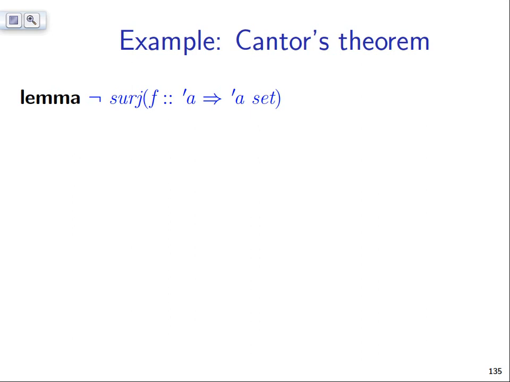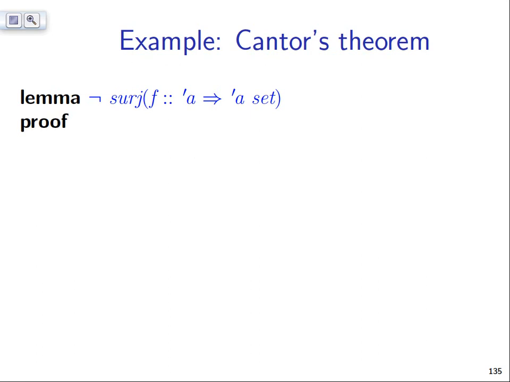So what am I trying to prove here? That a function f, which I have constrained to be of type A to A set, so from a type to its power set type, that function cannot be surjective. Or, as Cantor put it, there is no surjective function from a set to its power set. So this is what we're trying to prove.